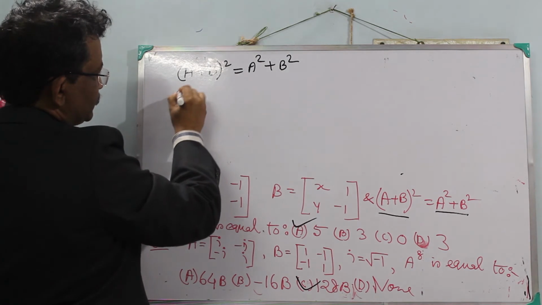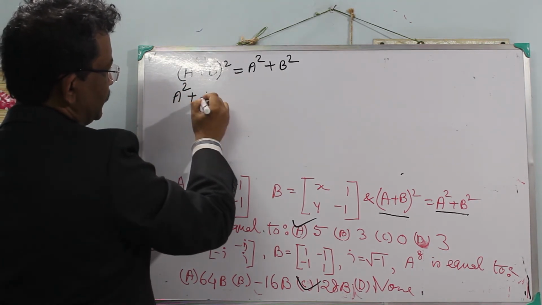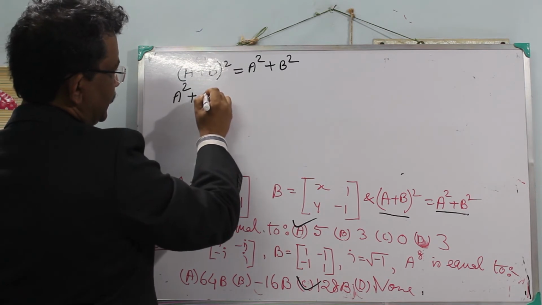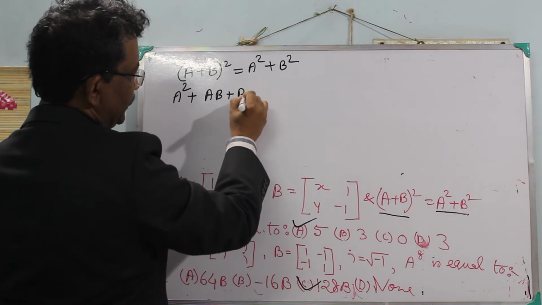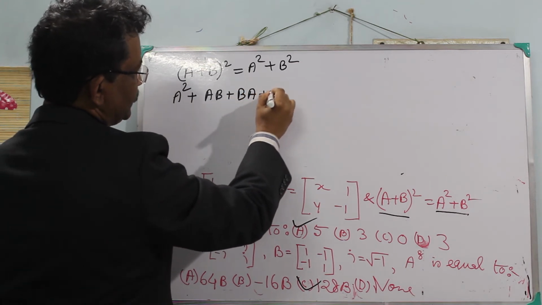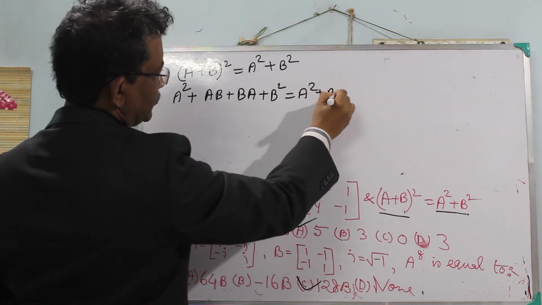So if you expand, A square plus AB plus BA plus B square equal to A square plus B square.